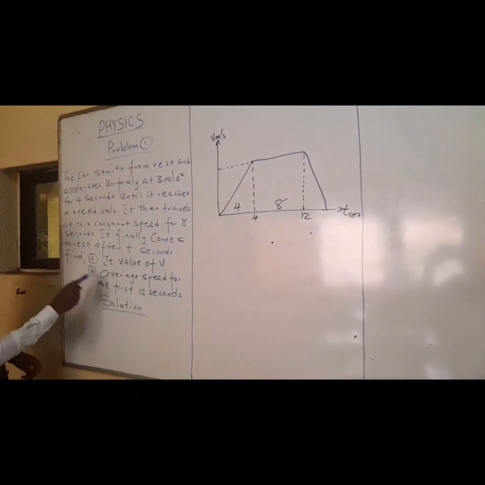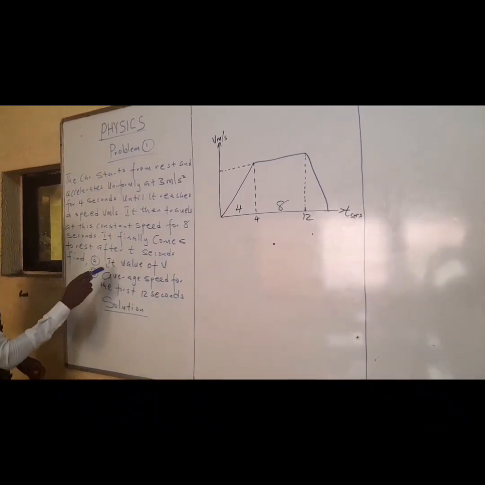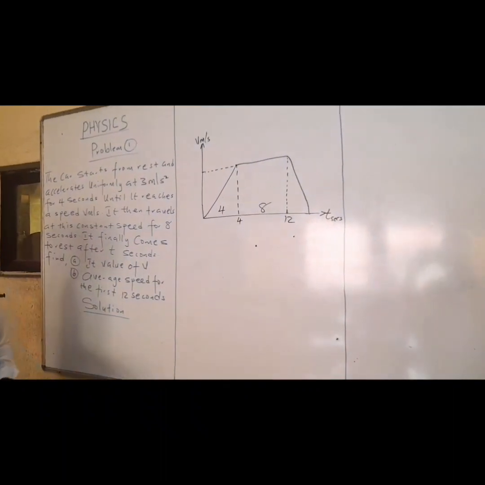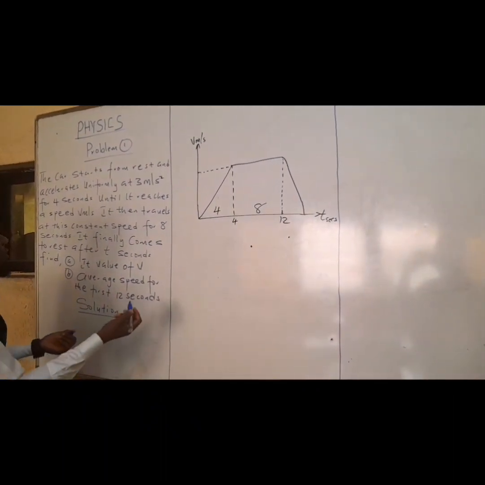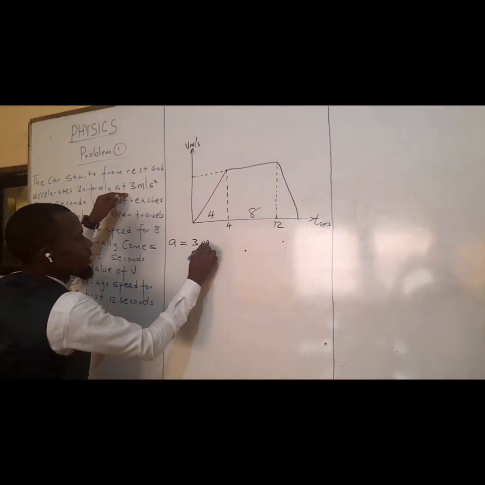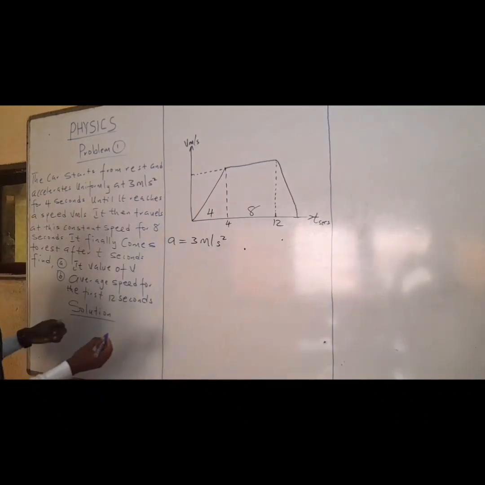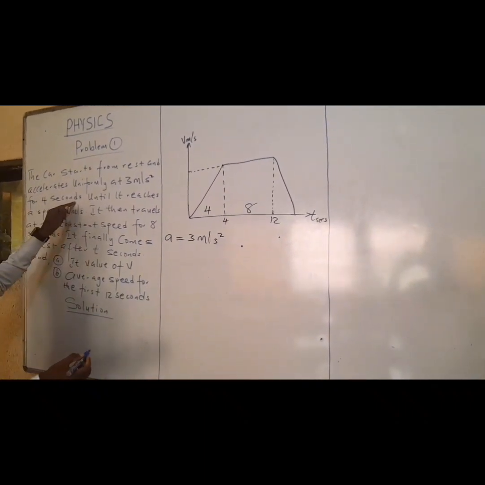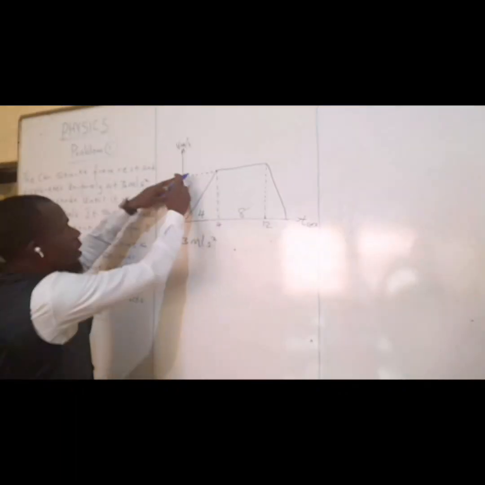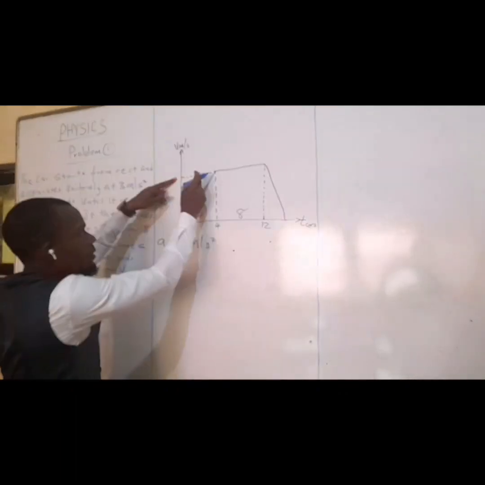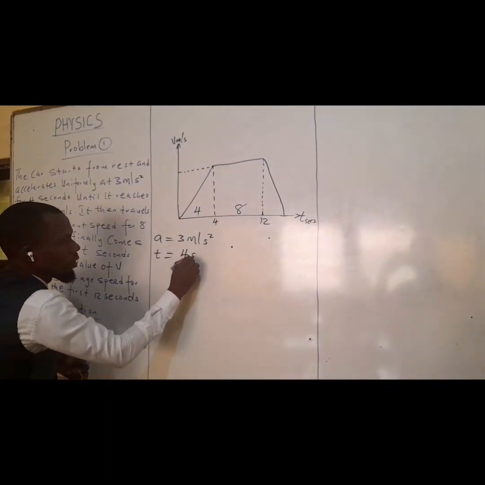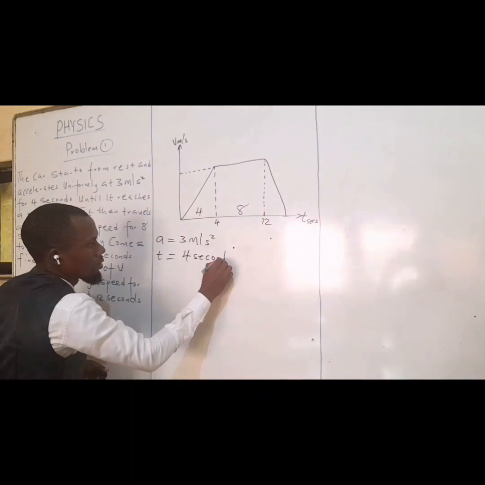So the first question is that find A, its value of V. That means I'm looking for this point here, V. How will I do that? My acceleration is given as 3 meters per second square for 4 seconds. So my time there is 4 seconds.